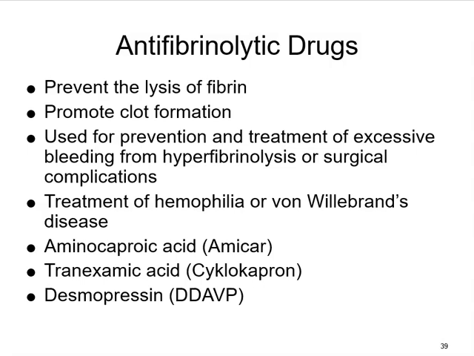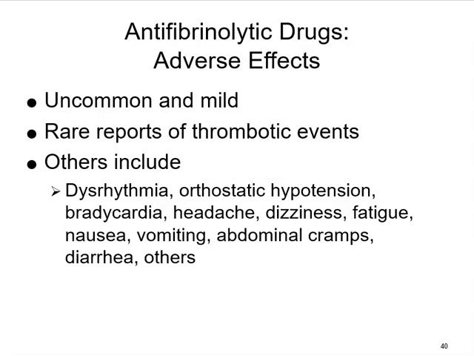So those all, again, promote clot formation, prevent lysis of the clot. Of course, if we're giving something to promote clotting, then one would think that the most adverse effect would be clot formation, maybe a thrombotic event, and some of the others are listed here.